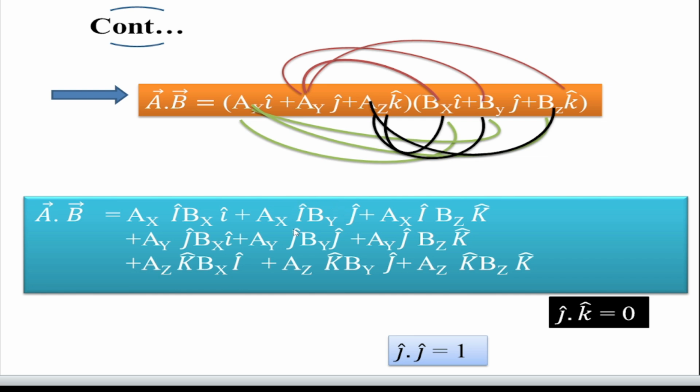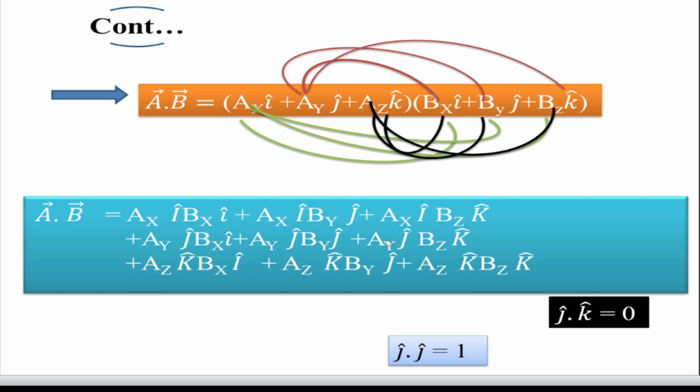Great. That means the angle between them is 90 degrees. The unit vector I and the unit vector k are mutually perpendicular, so the angle between them is 90 degrees. Unit vector j and unit vector I are mutually perpendicular.